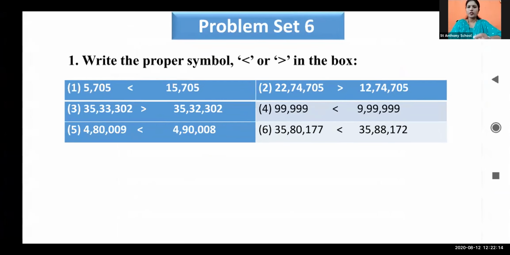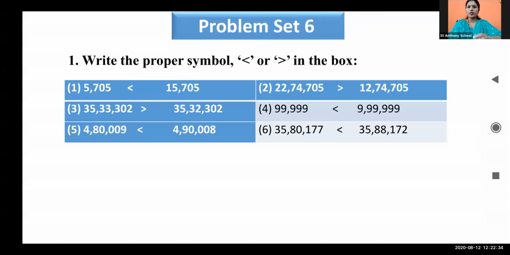So which number is bigger? 35 same, 302 at the back same. 33,000 is there on one side and 32,000 on the other. We are seeing problem number 3. Which number is bigger? Obviously 33 is bigger.